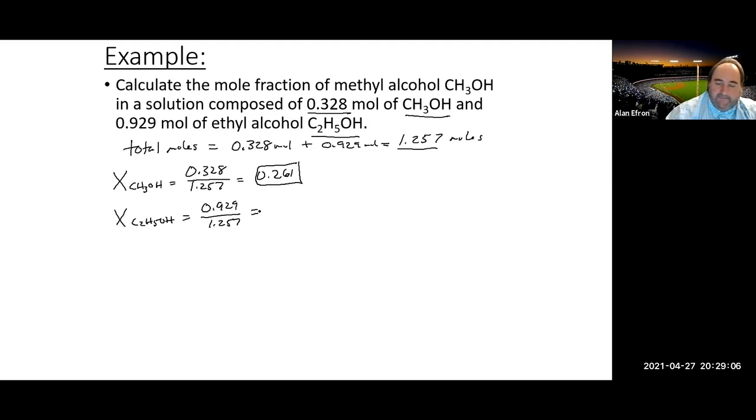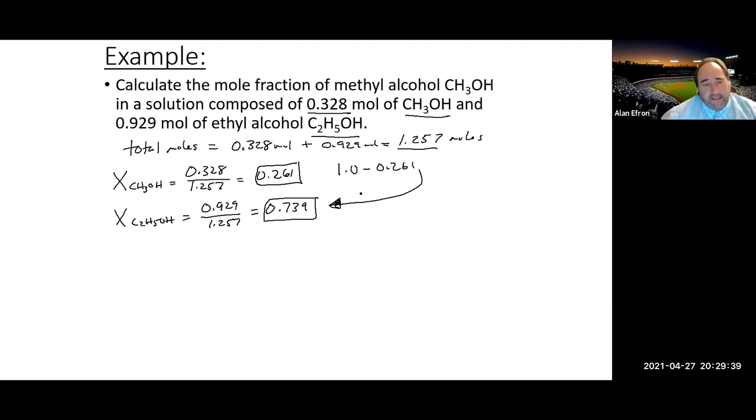It's 0.739, basically 74% ethanol in this case. You also could have taken 1 minus 0.261, which gives you this number as well. That's an alternative approach, like taking 100% minus what you got there.